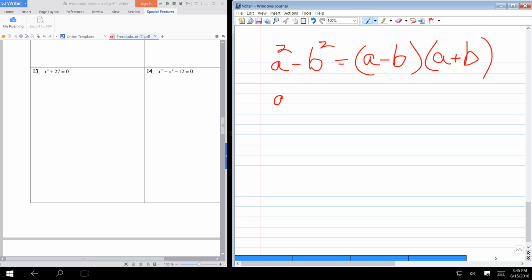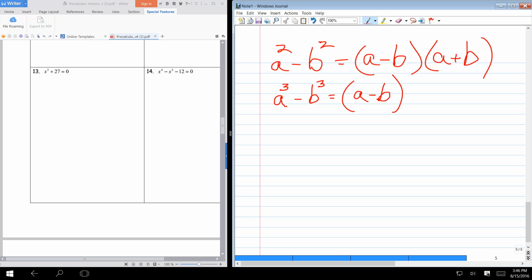Okay, and how best to memorize it? Well, there is no sum of perfect squares. A squared plus b squared does not factor. But there is a difference of perfect cubes, and the first term is always a linear term with the same sign. Notice, top and bottom.